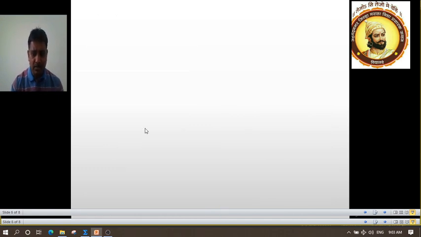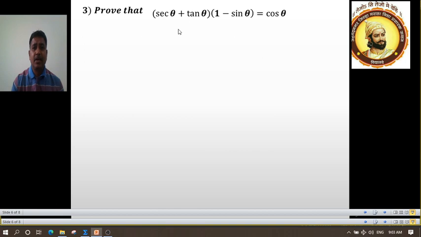Now taking another type of example, prove that. In the previous video we have also studied such examples. Prove that (sec theta plus tan theta) into (1 minus sin theta) is equal to cos theta.